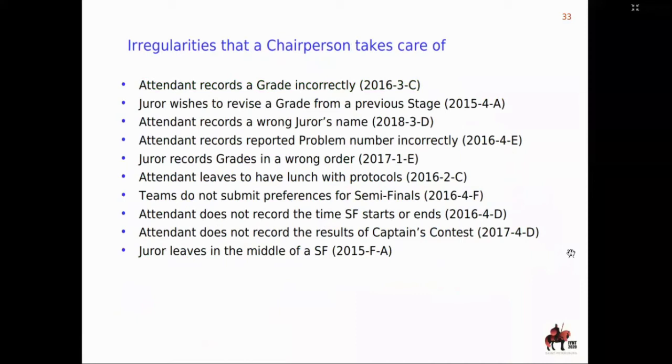We have various examples, and we trust that our chairs will be attentive and will make sure that all such problematic situations are immediately discovered and neutralized. So I thank all chairs, and I hope that we will have a very smooth fight in each group.